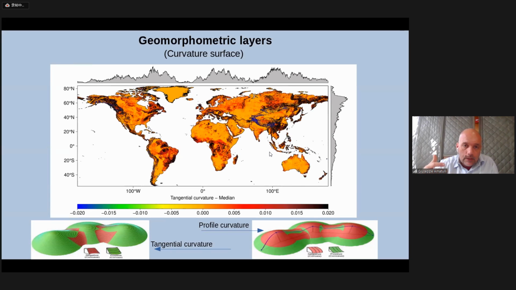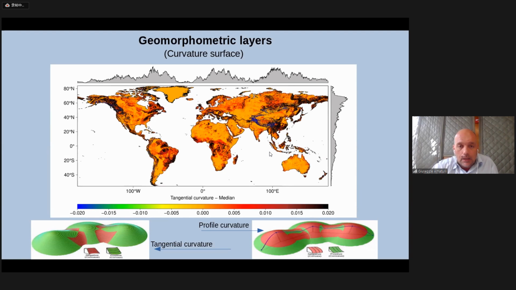In microclimate, we have temperature, but what is really related to the temperature close to the Earth is, for example, the position, whether the terrain is facing south or east or west and so on.